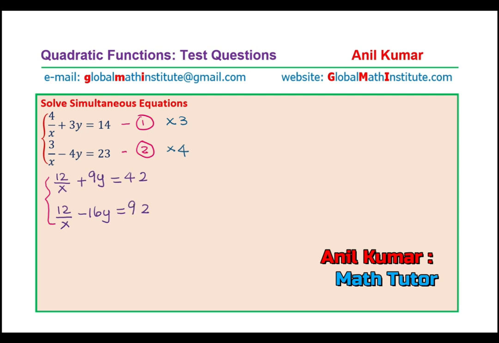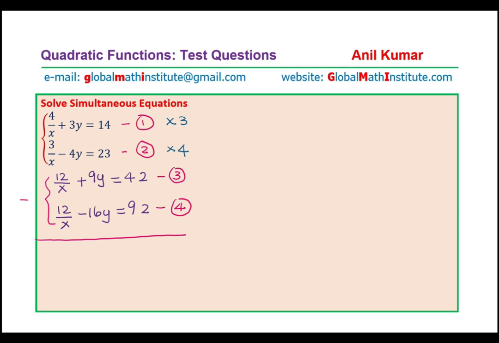So we get our two equations from where we can eliminate, right? So to eliminate, what am I going to do? We are going to subtract, right? We'll do equation 3 minus equation 4. Makes sense, right? So the 12 over x terms cancel away. Let me rewrite this.